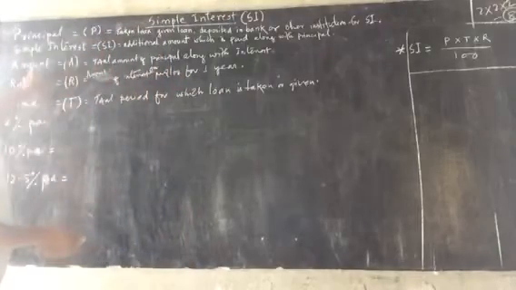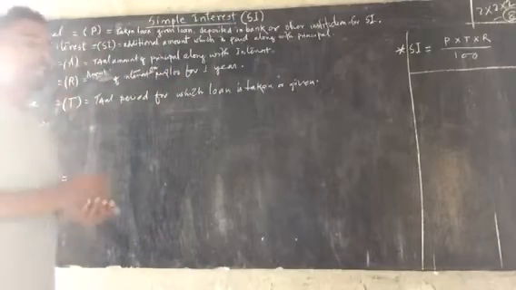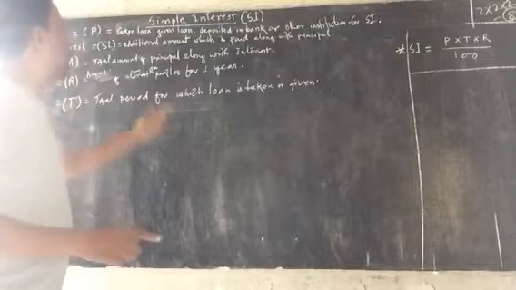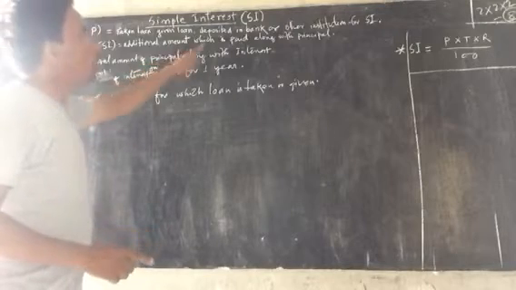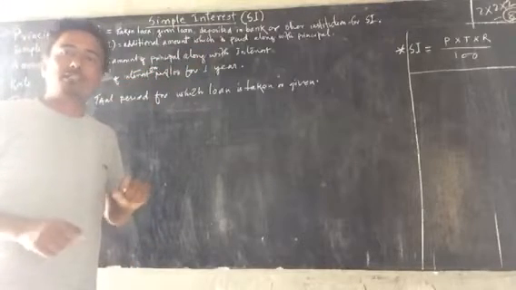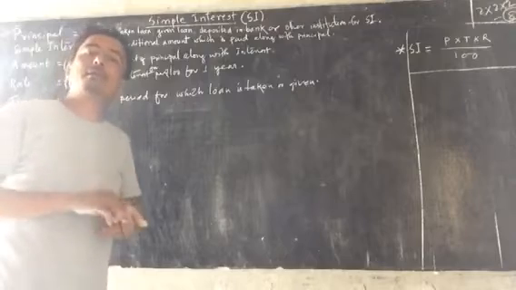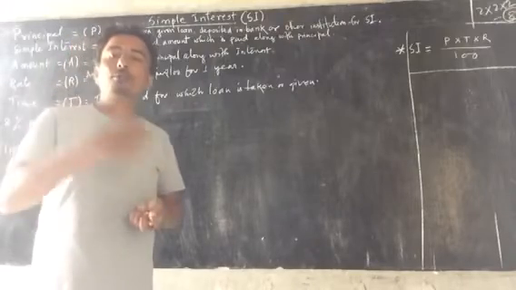Amount. What does amount mean? Amount means the total of principal along with interest. Suppose I have taken a 500 rupees loan from some person.